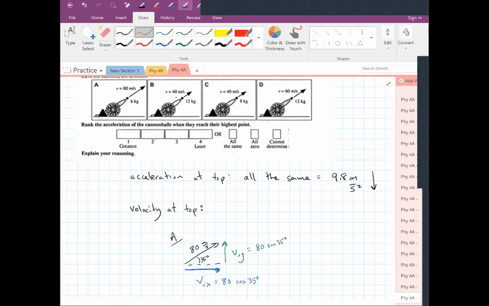So all that's left when it gets to the top is the x component. So we can just rank them according to the x components here. And which one is the biggest? The angle is the same, so whichever one has the biggest velocity is going to have the biggest x component, right? If the angles were different, we'd have to do a little calculation. But since the angles are all the same, we don't have to do any calculation. We can just look at the initial velocities. So A is the greatest, followed by D, followed by B and C, which are equal, and they're all greater than 0. Okay?